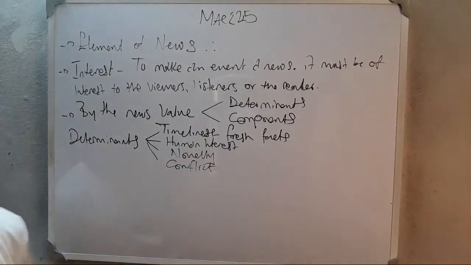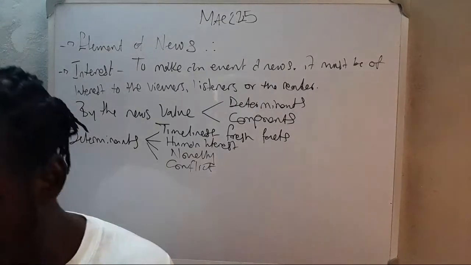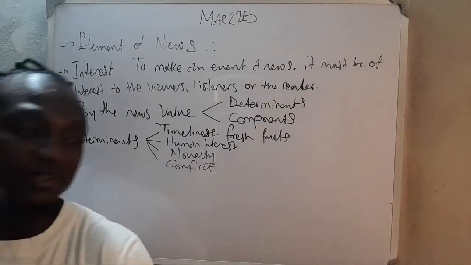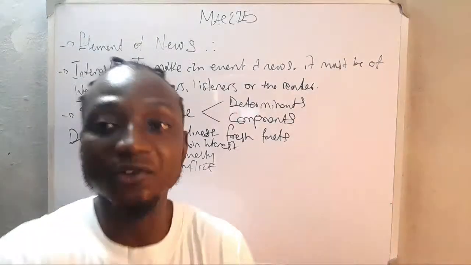So very quickly, let's talk about the components of news. We've been talking about the elements, so let's see what the components of news are. A component is a constituent part of something. It's a part that is important, a unit, a subunit of a system.